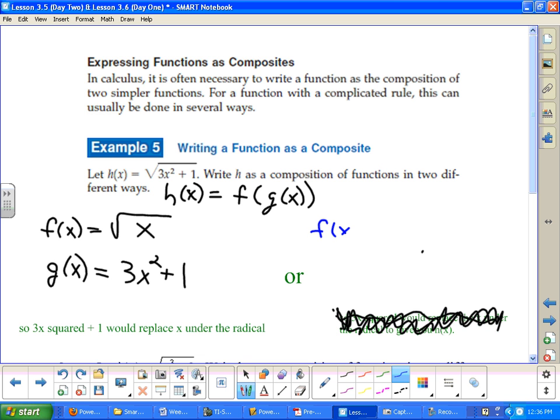So f of x equals and g of x equals. Yes, Gallery. All right, let's try it. Square root of 3x.